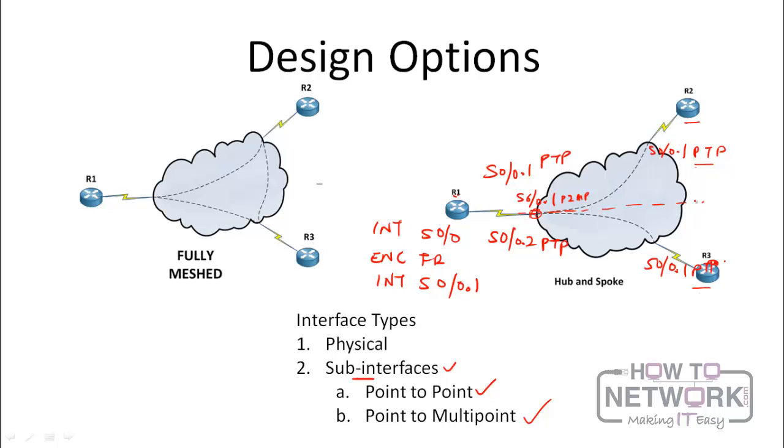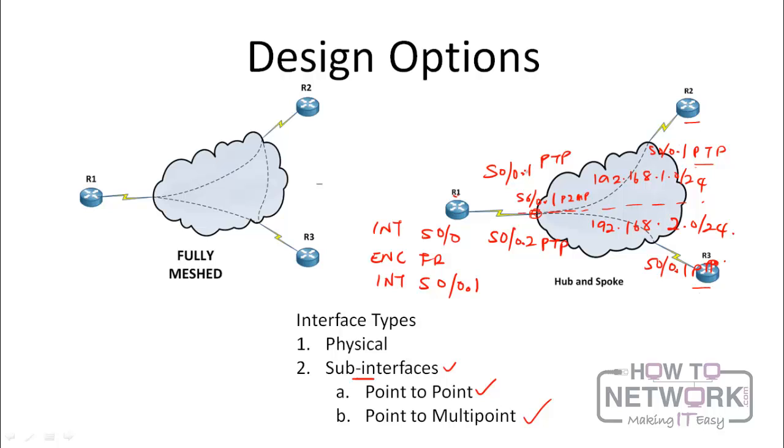At that point, we can use two different subnets. So here we can use the 192.168.1.0/24 network, and here we can use the 192.168.2.0/24 network. So with these design options, we're actually splitting the frame relay network into two networks instead of having one shared network with a multi-point interface.